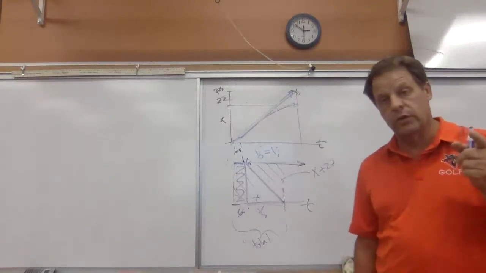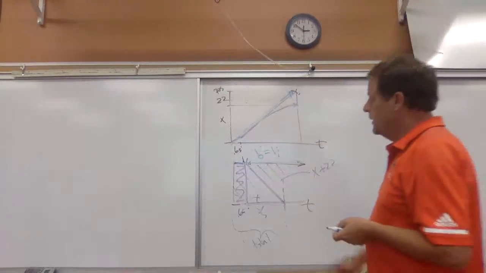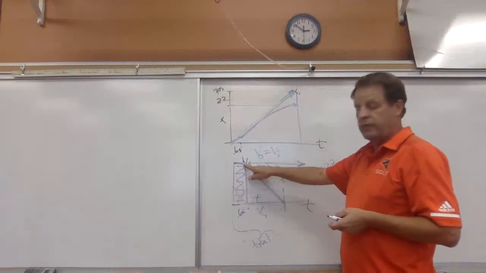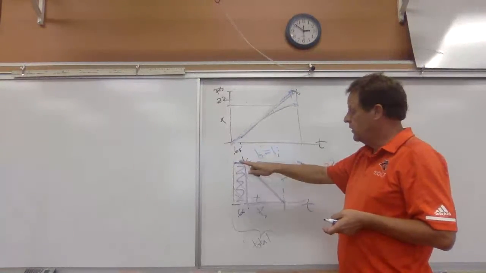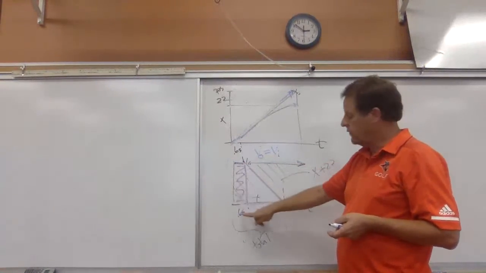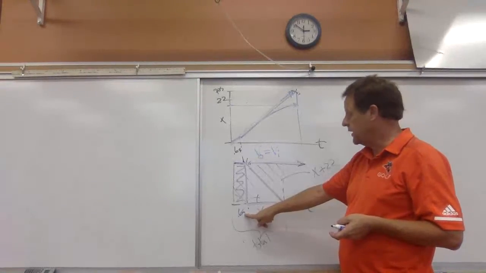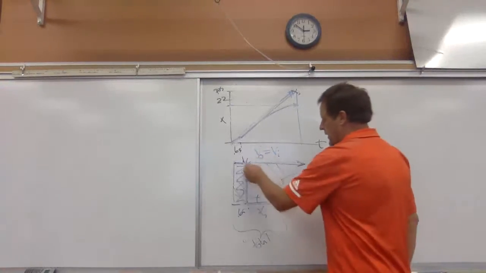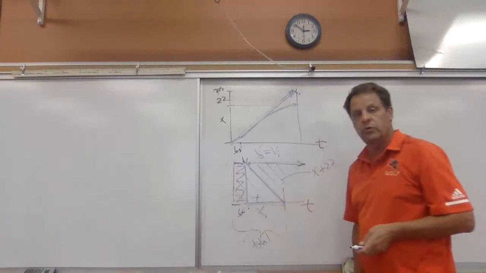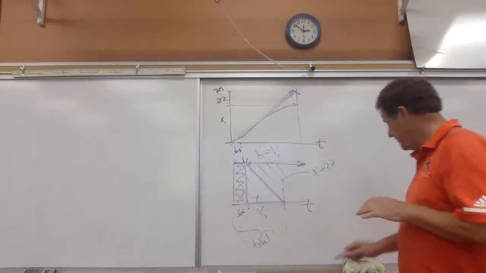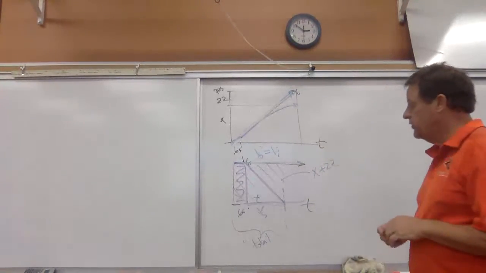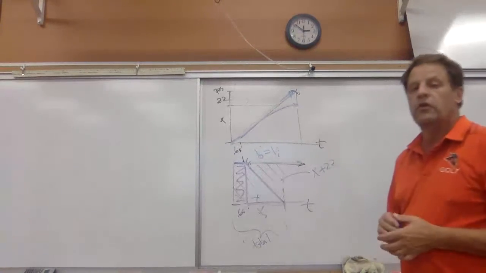Now, the car that is going to react and slow down is going to first have the same velocity for 0.6 seconds, at which point it is going to slow down until it reaches a stop.